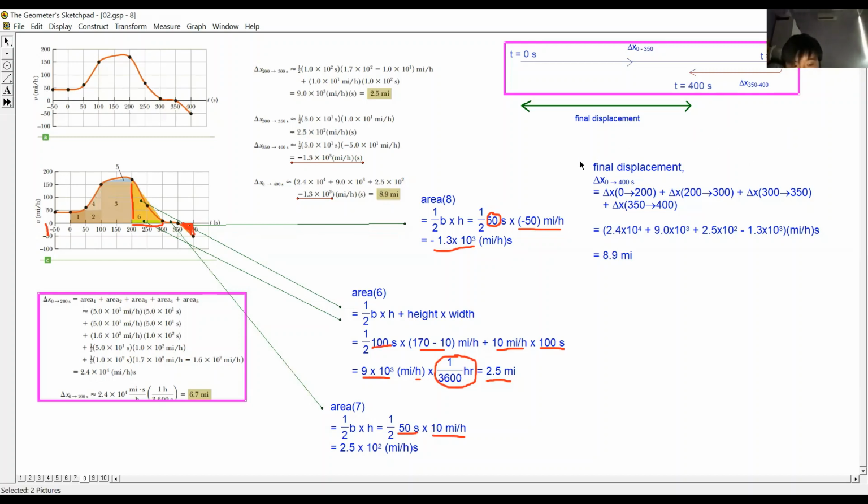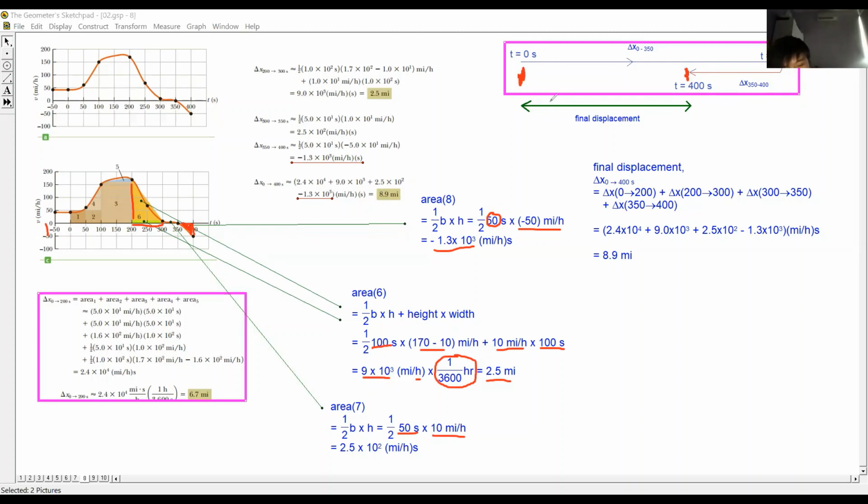Now the question wants to know, what is the final displacement? The final displacement is the position here, right? It is this position with respect to the starting position, which I've shown using this green arrow here.